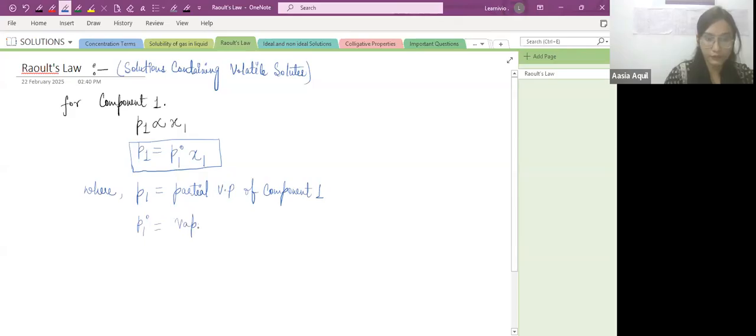Pure component. Vapor pressure. When I'm using naught here, just remember it is for pure. Vapor pressure of pure component 1. And X1 here is the mole fraction of component 1.